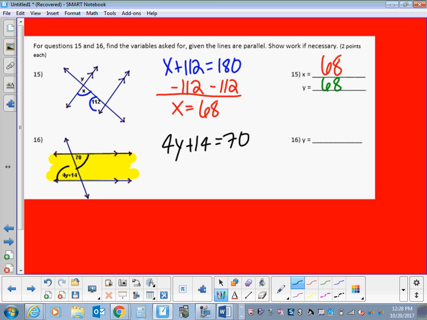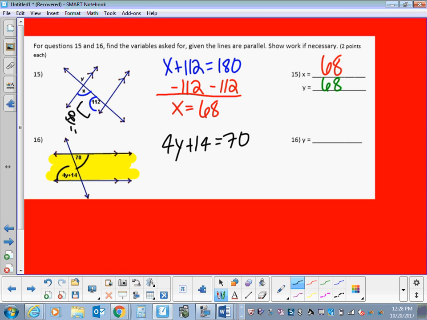Consecutive interior is when it's on the inside, the same side, just like the one we just did. It's only when you have like these two that would be equal to 180. Everything else is going to be equal to each other, besides a linear pair. You know linear pair is side by side, so it has to be 180.